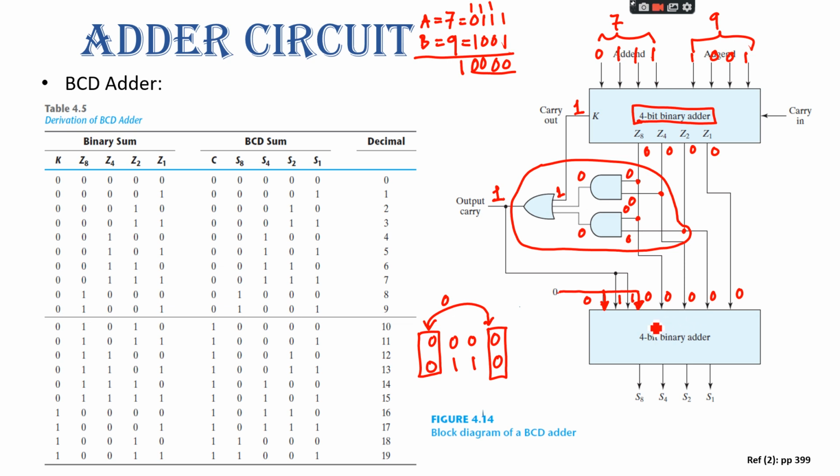So what will happen here? They will do 0, 0, 0, 0, and then they will add 0110. 0, 1, 1, 0. So what will be the sum? 0110, so it should be 6, right? Yes, sir.